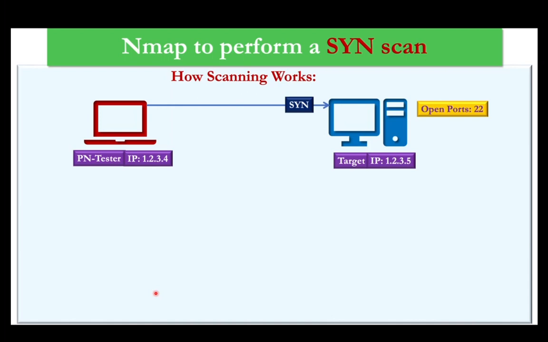This is the first step in the TCP three-way handshake that any legitimate connection attempt takes. Since the target port 22 is open, the target takes the second step by sending a response with the SYN and ACK flags back.